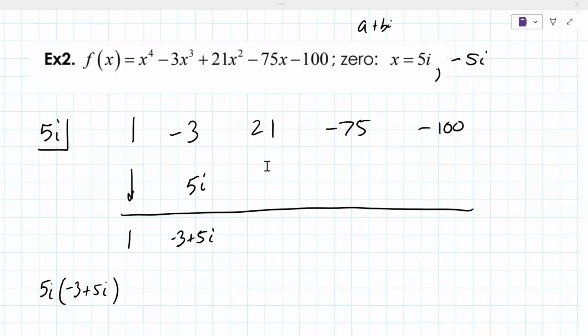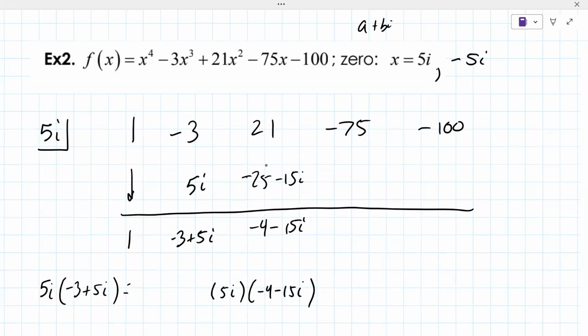I got negative 25 minus 15i. That is correct. All right, so this becomes minus 4 minus 15i. So you again have to do that multiplication, 5i times minus 4 minus 15i.